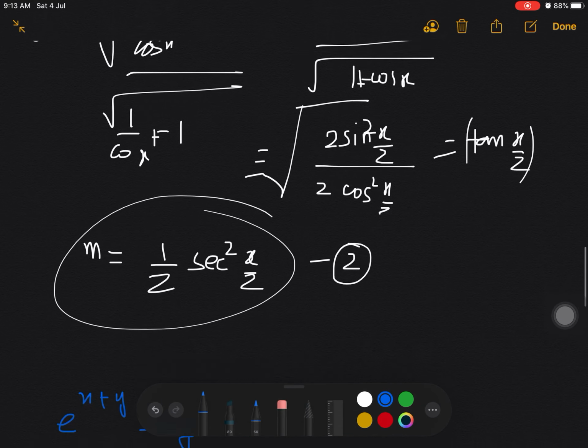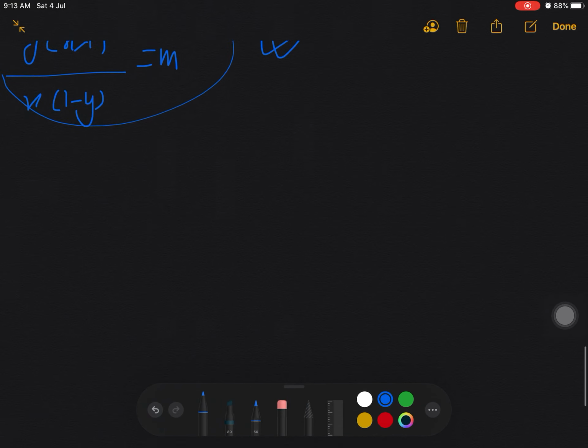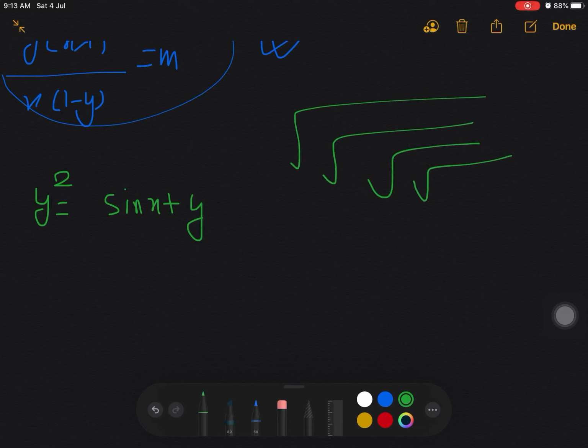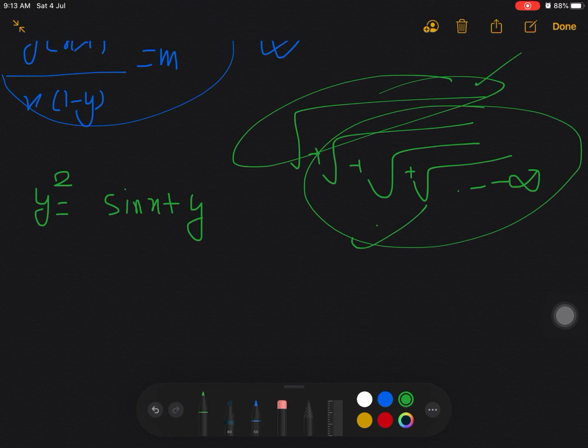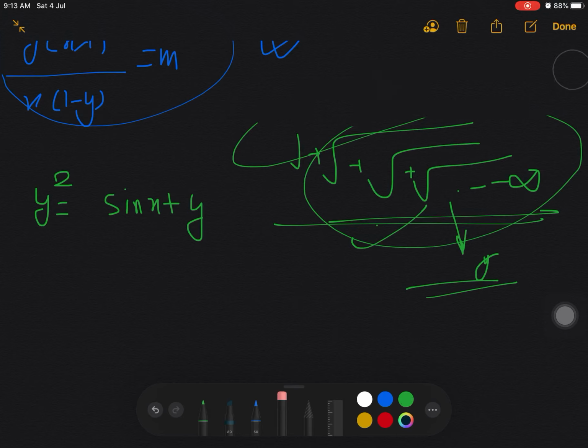So in this question we can use the fact that y square is equal to sin x plus y again, because these brackets extend to infinity. So the root will get out and this expression will be y again.